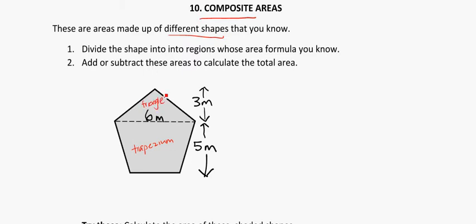So your setting out is important here. You want to write down what you're finding at each step. So area of triangle, do one at a time. Area of triangle is, now remember, it's a half base times height, or base times height divided by 2.